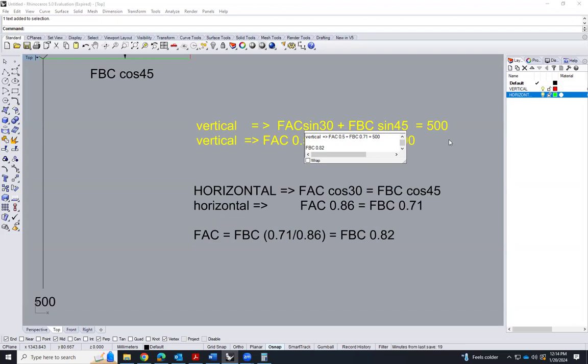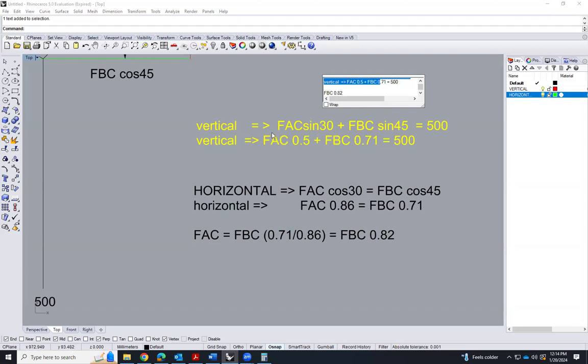So FAC is FBC times 0.82, and I have to multiply this times 0.5. And then plus FBC times 0.71 equals 500.